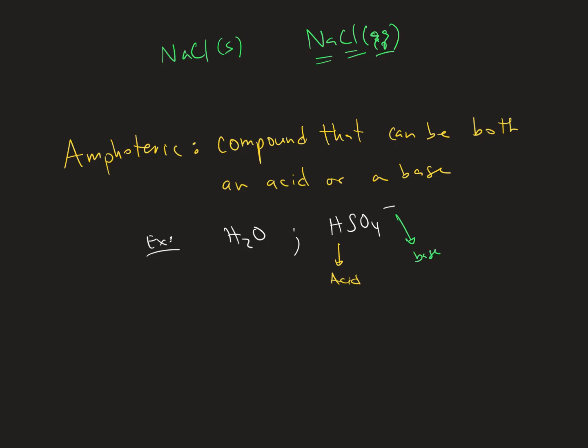That means it can attract an H plus. Are we good? So anything with a negative charge is a base. If it has an H plus ion in it, it must be an ion, except for NH3. Then it's amphoteric. Good?